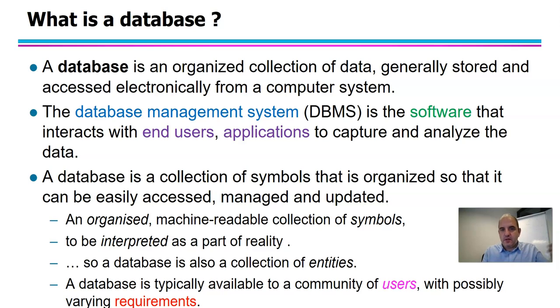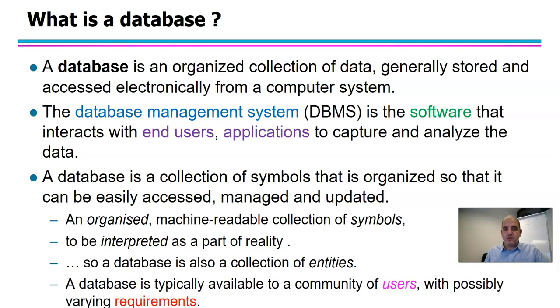In the last videos or last sections, we talked about structured and unstructured data. Here in relational databases, we focus on structured data. So they are organized somehow. And another important term here in this sentence is the symbol.